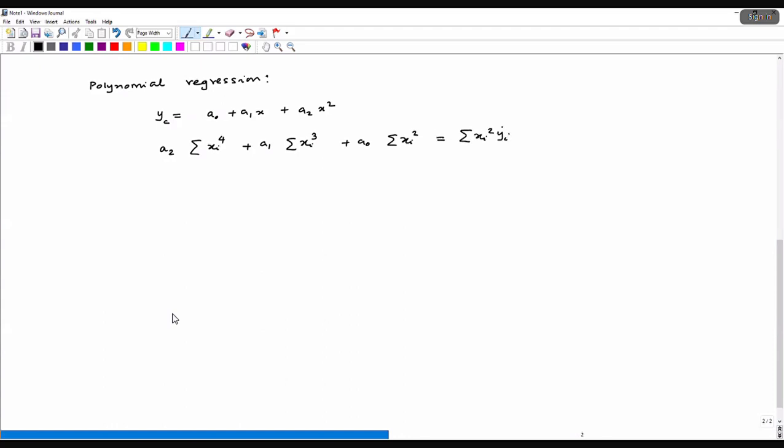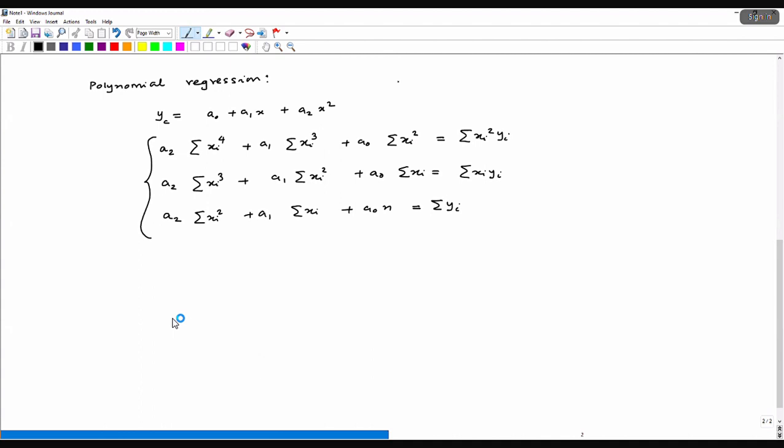Then you have a2 sum xi cube and so on. So you basically have these three equations coming from when you find the sum of squares of error.